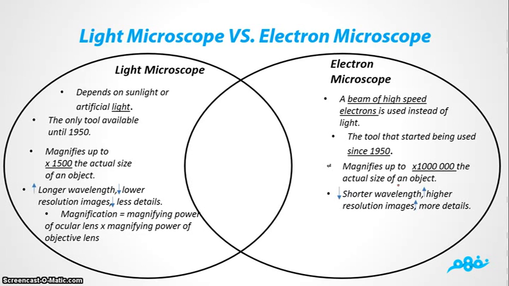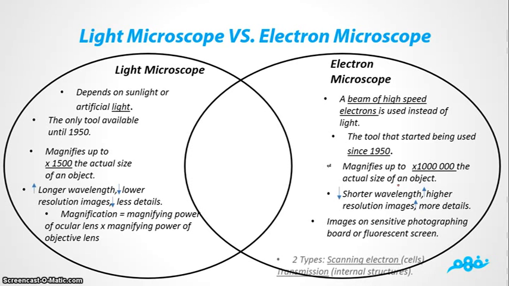The magnification, now that's a calculation you will need to know for your exams: the magnification in the light microscope is equal to the magnifying power of one lens multiplied by the magnifying power of the other lens, so you multiply them together. But the images in the electron microscope are produced on a sensitive photographic plate or on a fluorescent screen, which is a different point that is not mentioned in the light microscope.